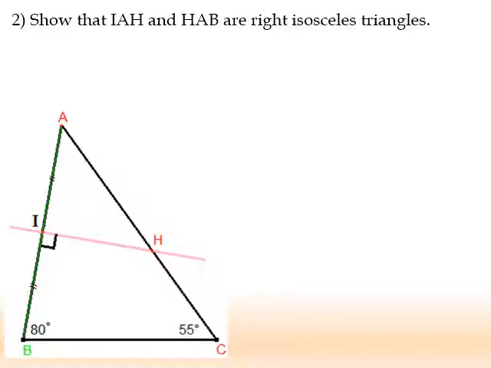Now show that IAH, this triangle here, and HAB are right isosceles triangles. What about IAH?